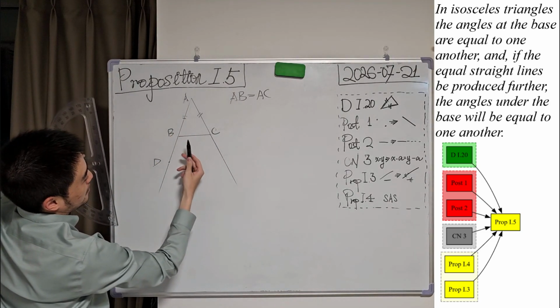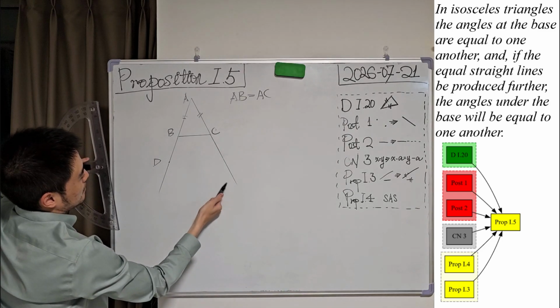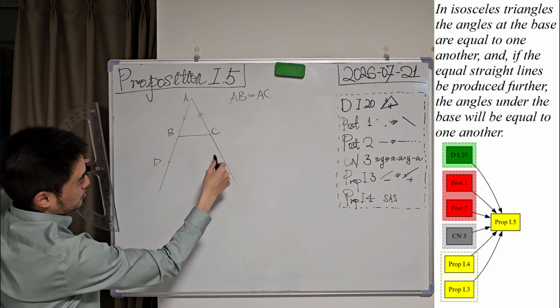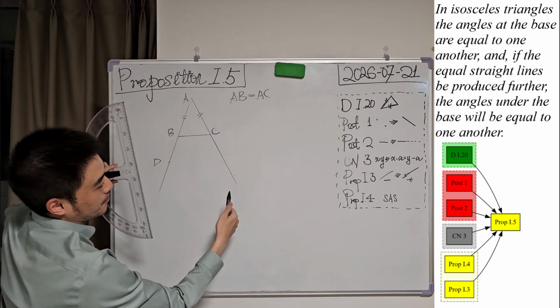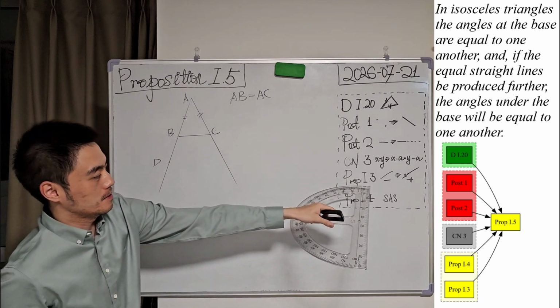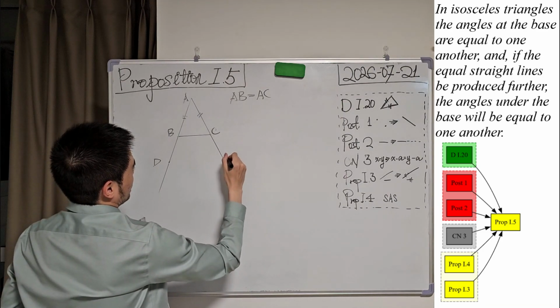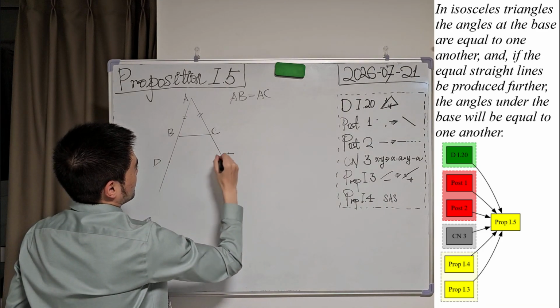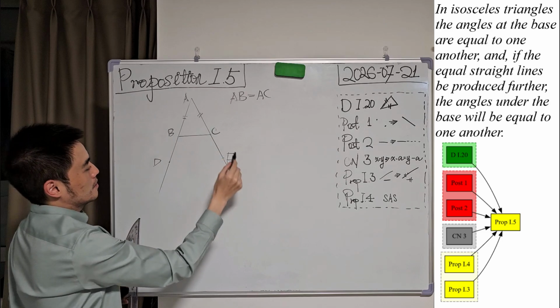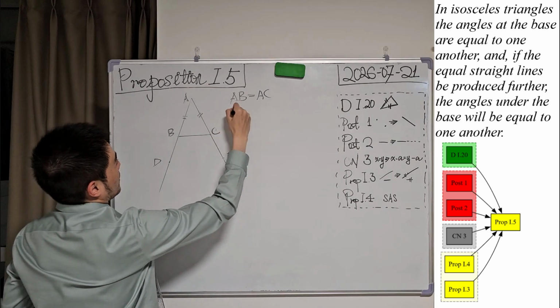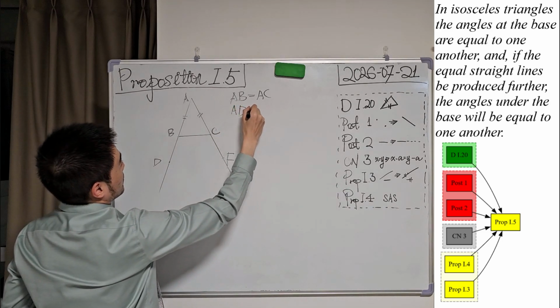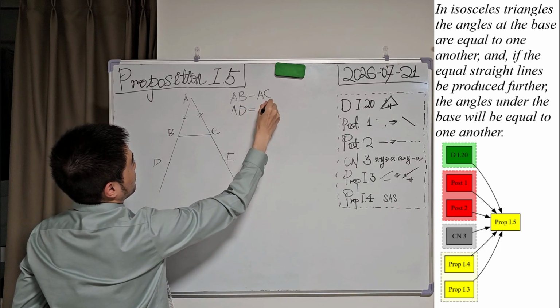So let us cut off from the longer one a shorter straight line. Okay, we will skip the steps in this proposition, and let's just assume F is a cutoff point. Okay, so which means we have AD is equal to AF.